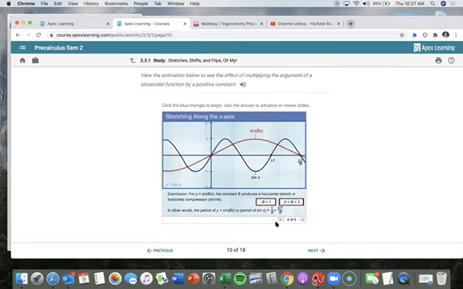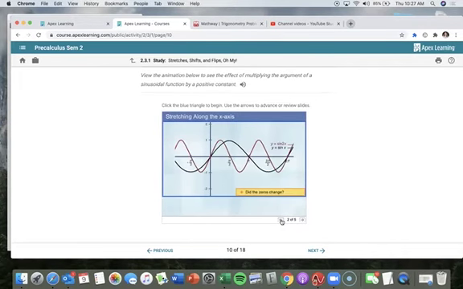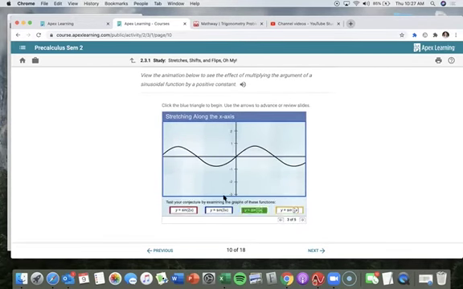So if I go back to here, the period for this graph will now be 2 pi divided by 3, so that will be 2/3 pi. Every 2/3 pi, I'm going to get back to my original.